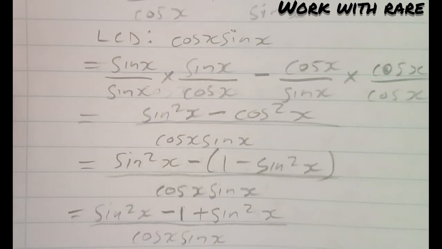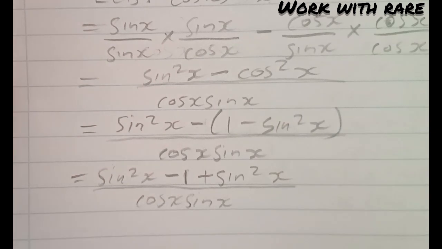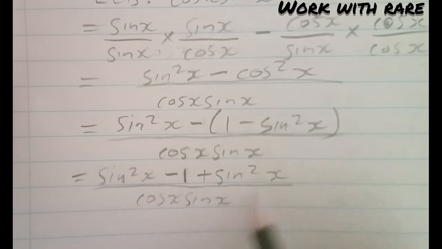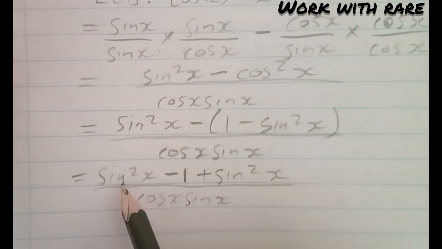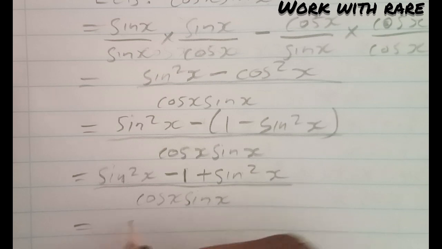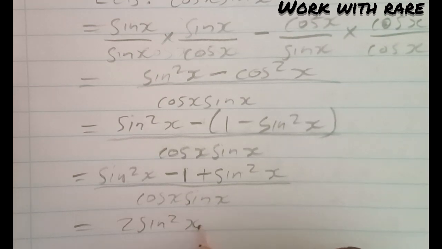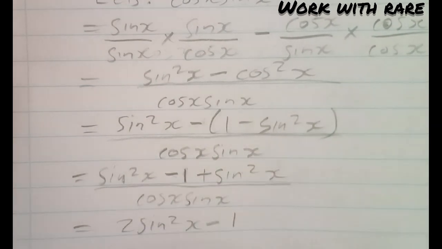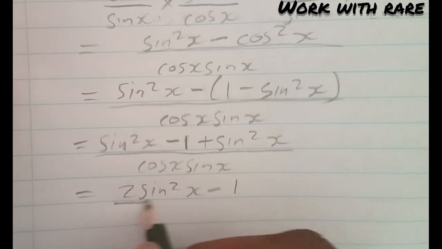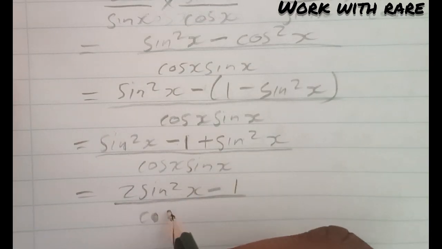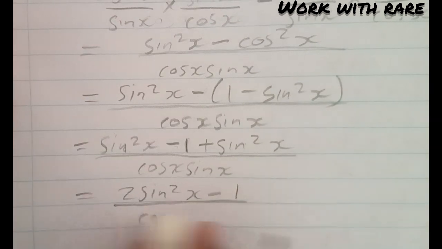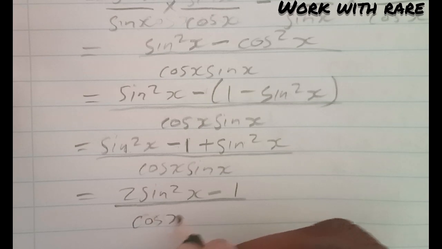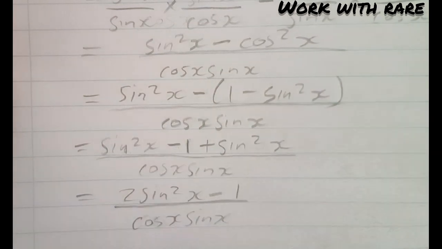On our numerator, we can see we have like terms, sine squared. This plus this is the same as 1 plus 1, but we use sine squared x. 1 plus 1 is 2, so we have 2 sine squared x minus 1 all over cos x sine x.